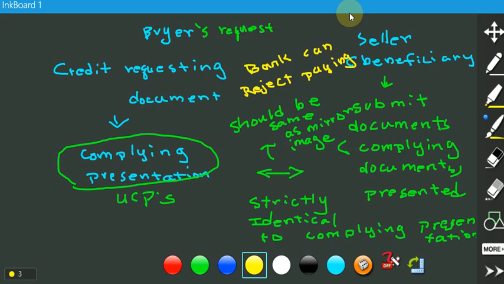Today we're going to have a complete class here, and you have to keep in mind these three principles. This is a sort of drawback of the letter of credit.